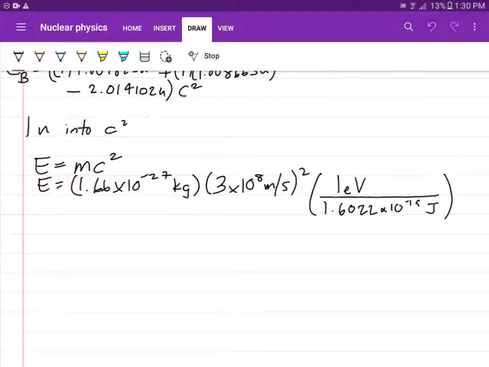So overall, we would get E equals 931,500,000 electron volts, or 931.5 MeV.